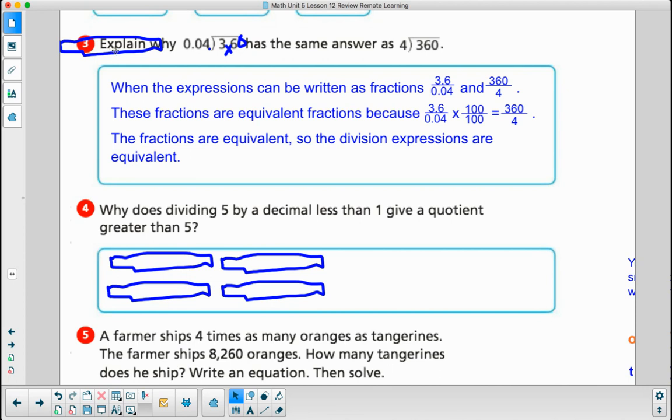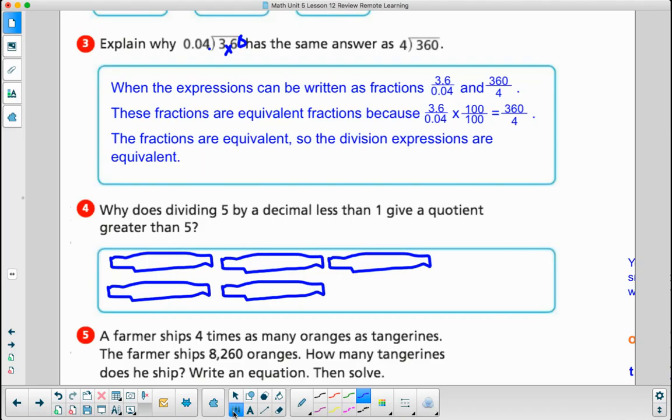So if I had 5 and I divide them by a decimal less than 5, well, let's divide them just by 5/10. So if I think of 5 divided by 5/10, since 5/10 is less than 1, I'm dividing each of these into groups less than 1.